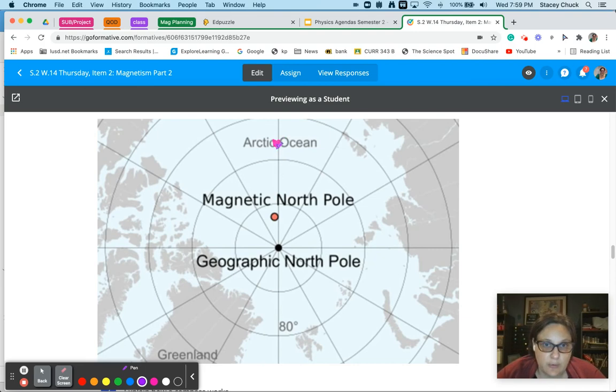So it's going to point straight to the magnetic pole. Now, I need to know where the geographic pole is, because that's what's on my map. And if I continue this line, you can see it's pretty close to crossing over the same point where the geographic North Pole is. So from my perspective right here, my compass is pointing to the geographic North Pole. Well, just about. I didn't quite get it perfectly lined up, but just about.